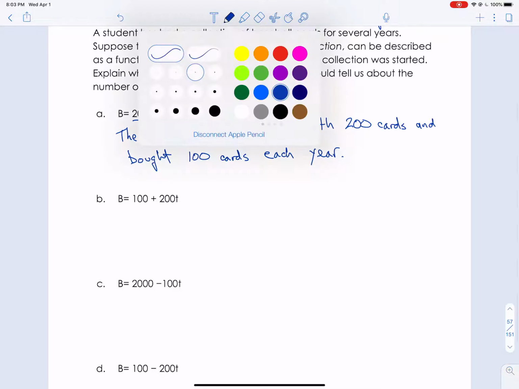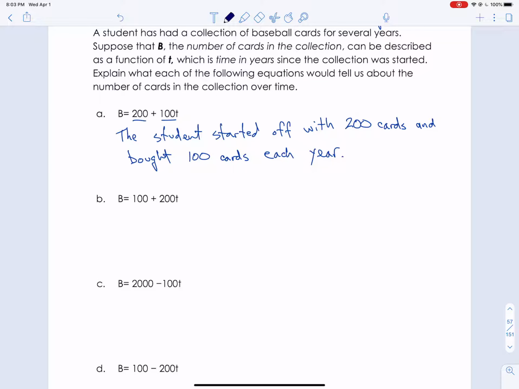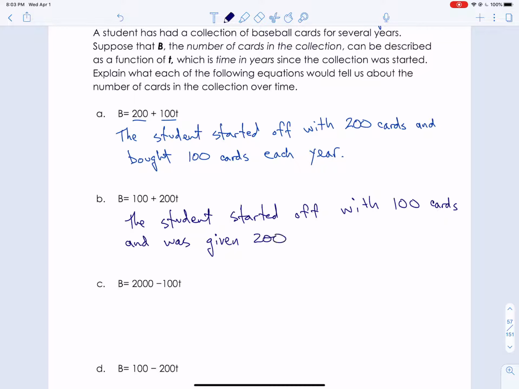Okay, so the next one. Almost the same, except that this time the student started off with 100 cards, and I'm going to say something different this time, and was given 200 cards each year, right?